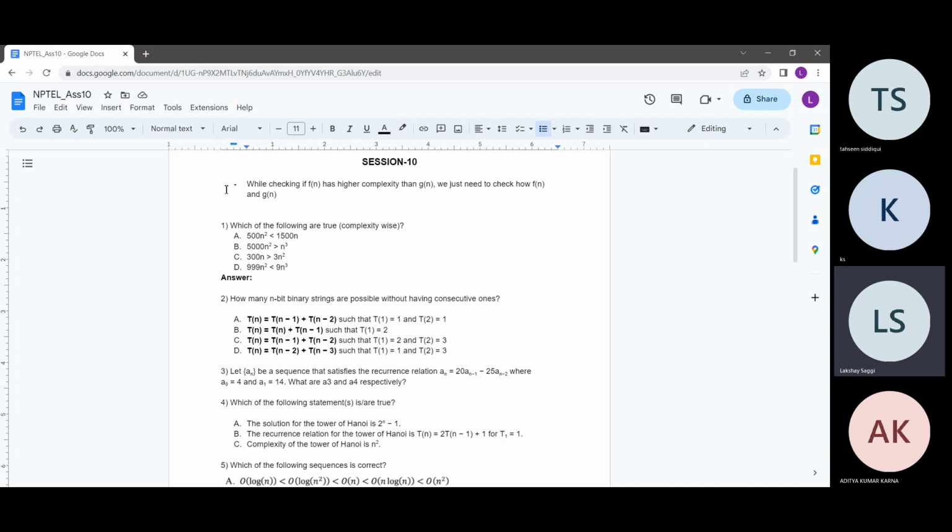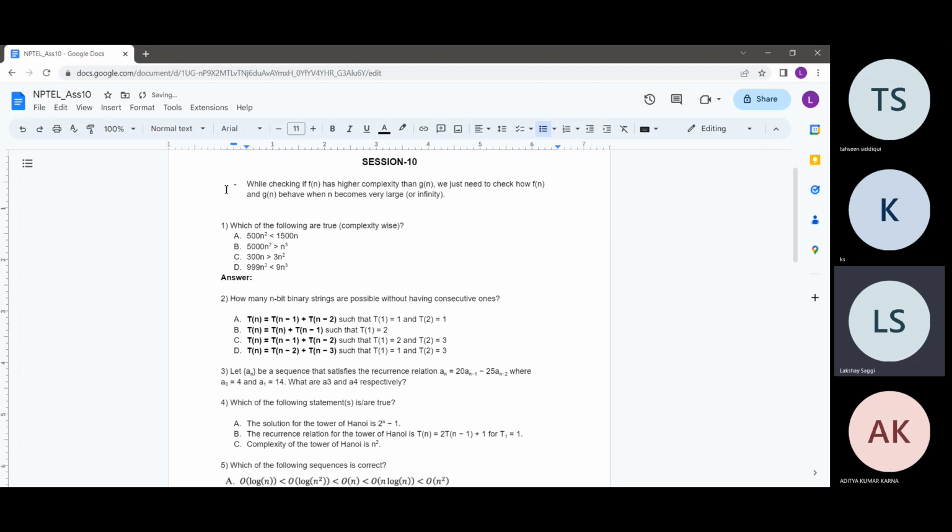So for comparing two functions complexity wise, we only care about checking for very high values of n. So you can just assume n tends to infinity. So we just need to check how fn and gn behave when n becomes very large, or you can say infinity.